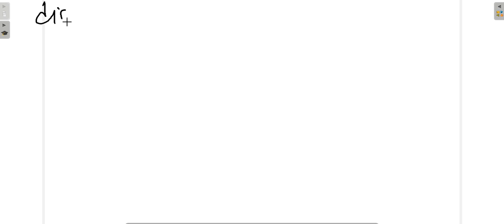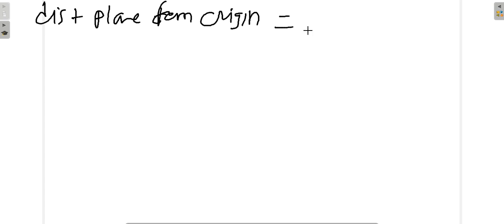So the distance of the plane from origin is always 3p. It cuts off the coordinate axes in A, B and C. So it cuts the coordinate axes at points A, B and C.